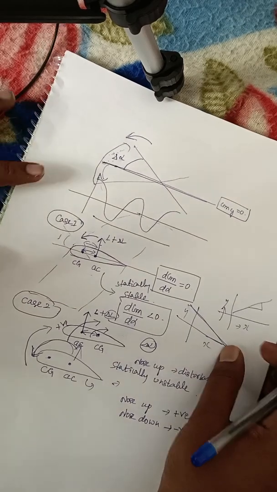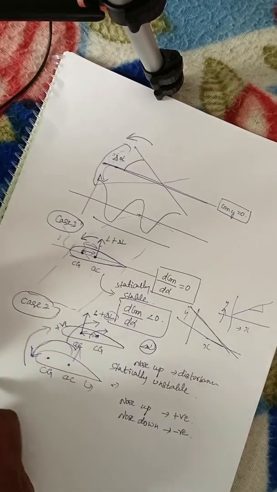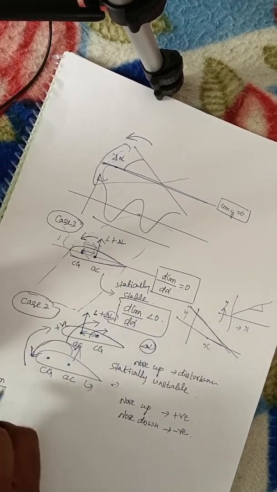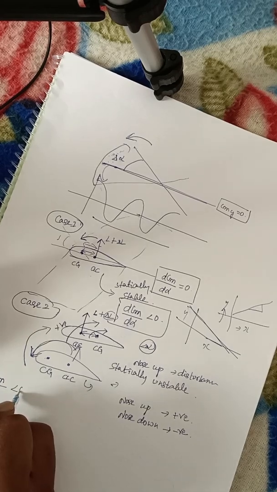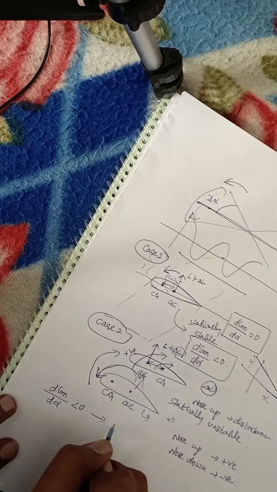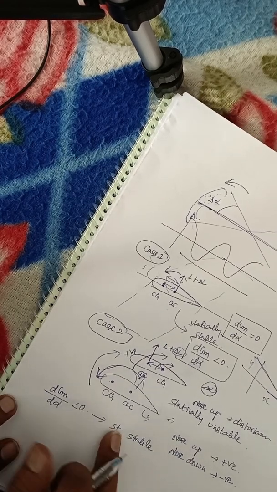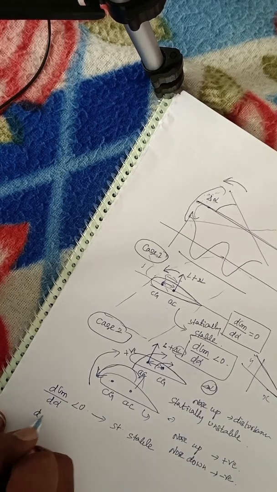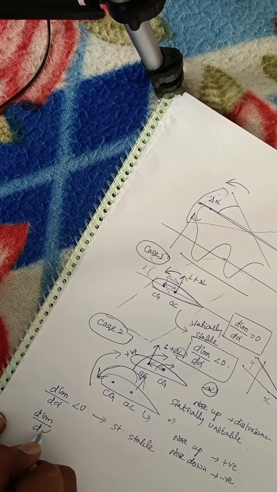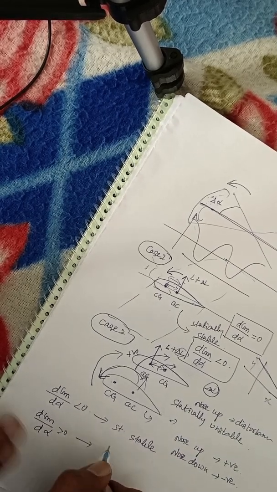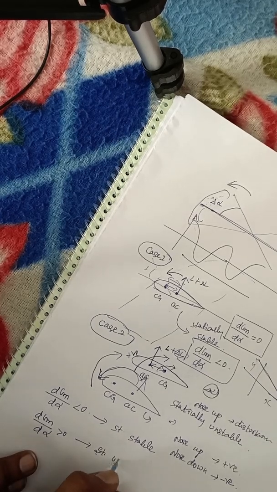So what is stable? Statically stable means dCm by d alpha should be less than 0. This is statically stable. If dCm by d alpha is greater than 0, this is statically unstable.